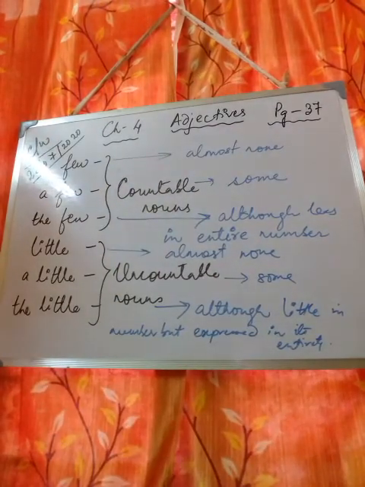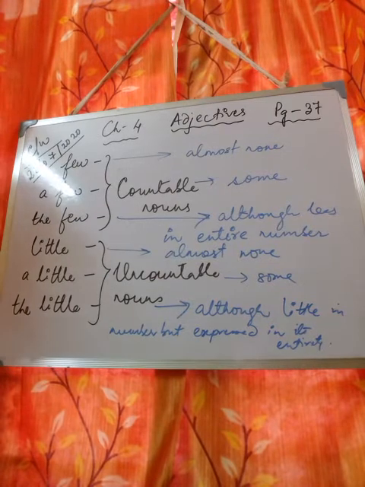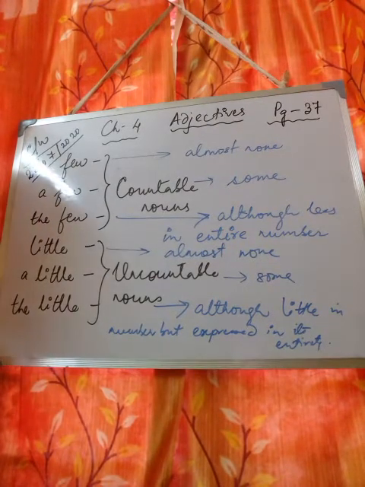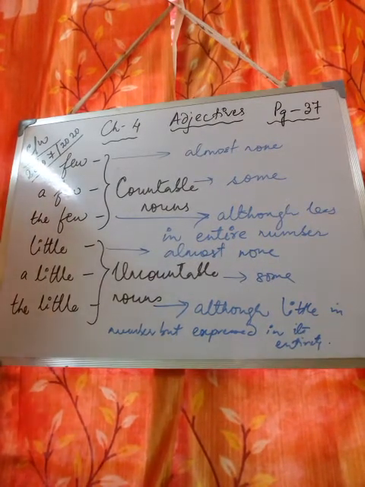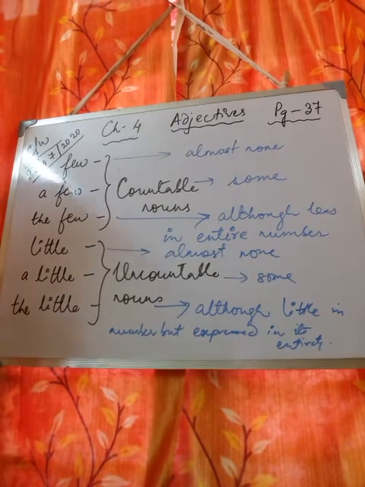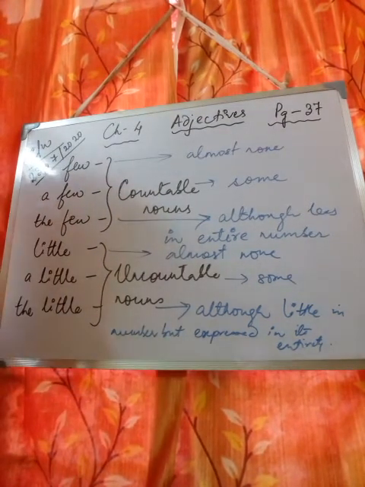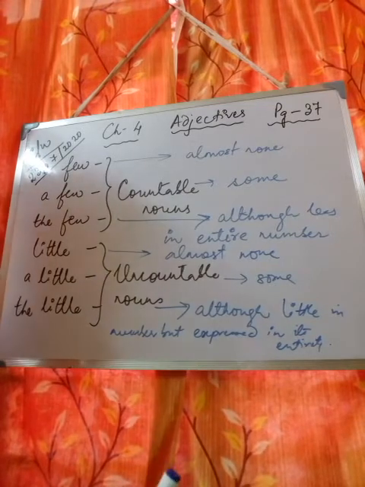So, a sentence with little: there is little time left for the train to leave. So, little time is hardly any time. It's almost time that the train is about to leave.